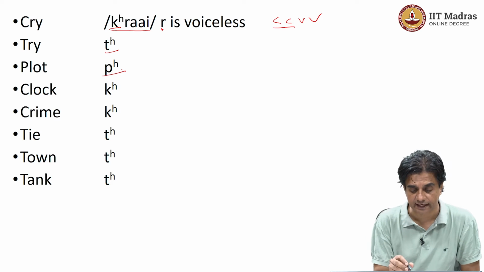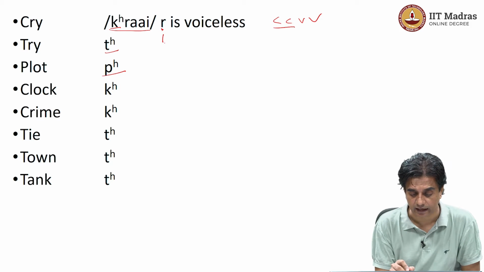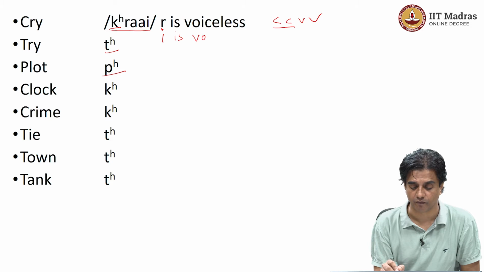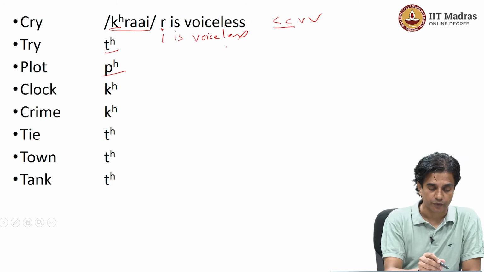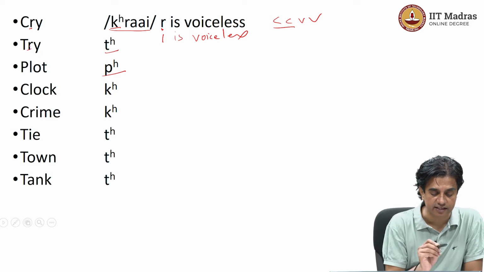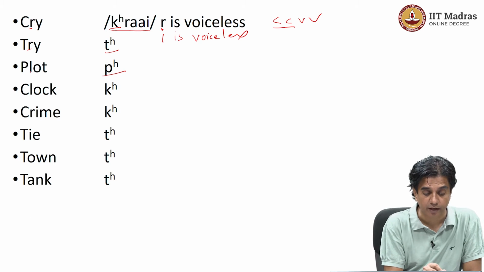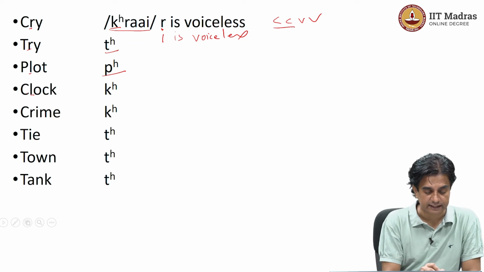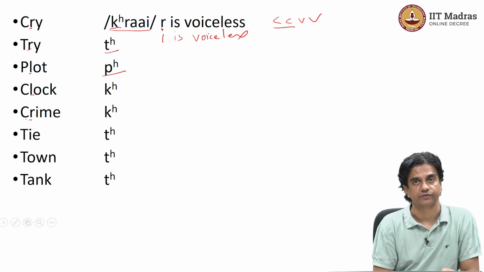Remember this one again, ra and la, both are voiceless too. So, you see ra in a word like cry and try, but in a word like plot, you see la sound. Clock, you see la sound. Again, in crime, you see ra sound.